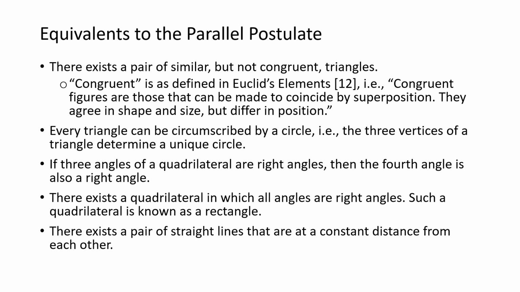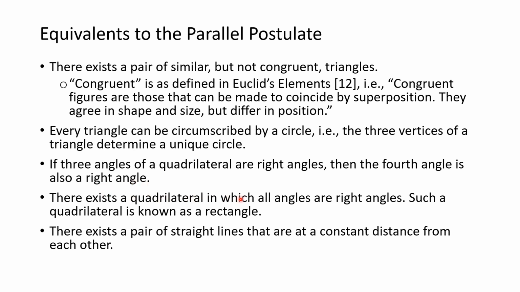The second one: every triangle can be circumscribed by a circle. That just means a circle will exactly touch the three vertices of the triangle, and that's always possible. In other words, the three vertices of a triangle determine a circle. If three angles of a quadrilateral, a four-sided figure, are right angles, then the fourth angle is a right angle.